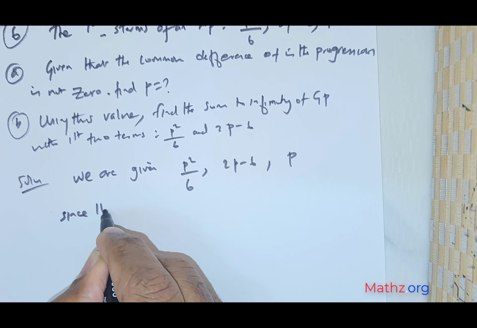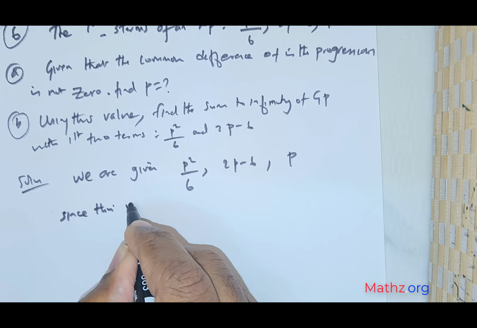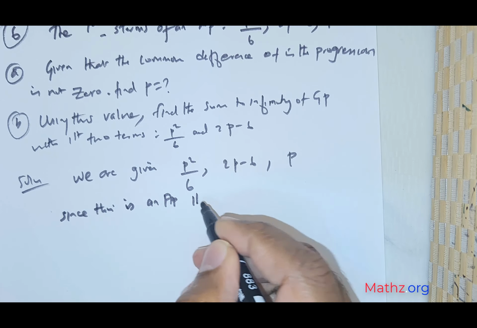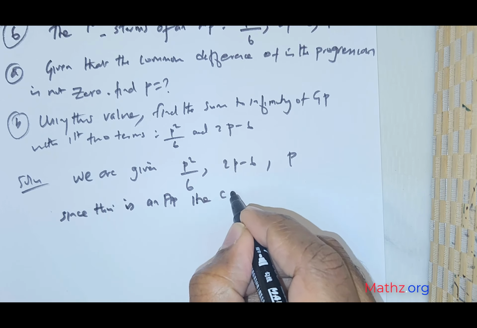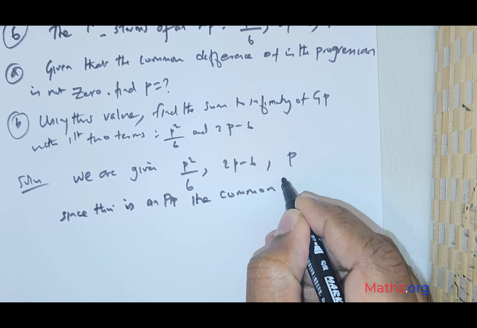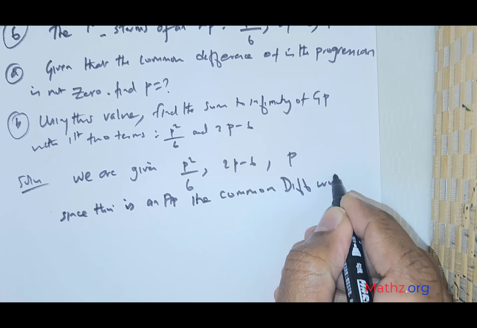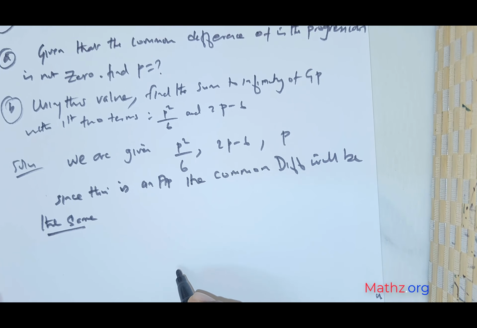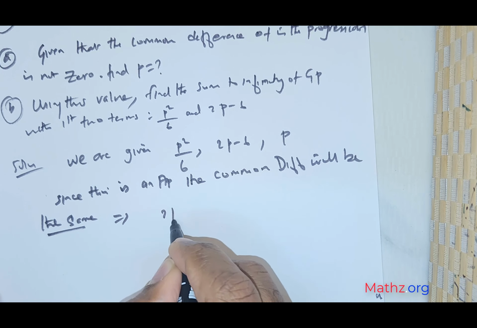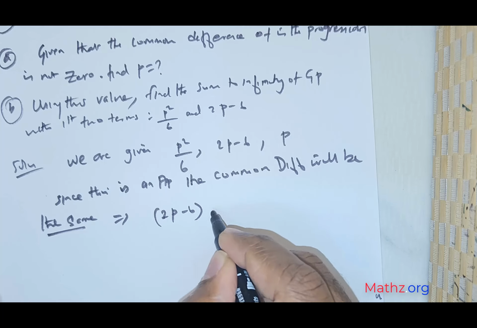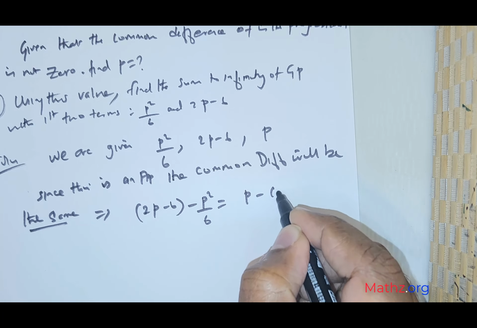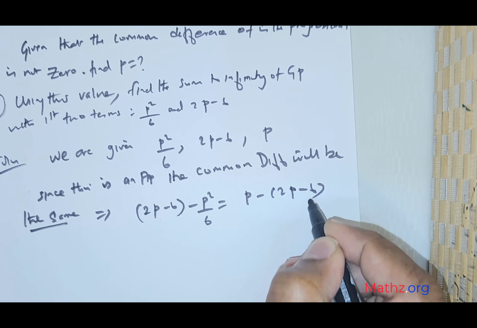Now, since this is an AP, the common difference will be the same. So this in turn would mean 2p − 6 − p squared over 6 will be the same as p − (2p − 6).